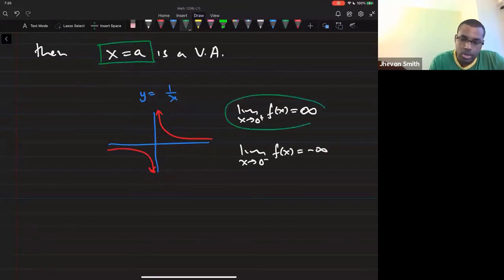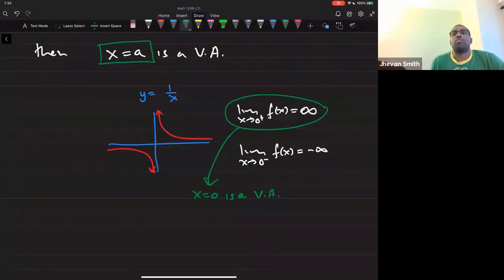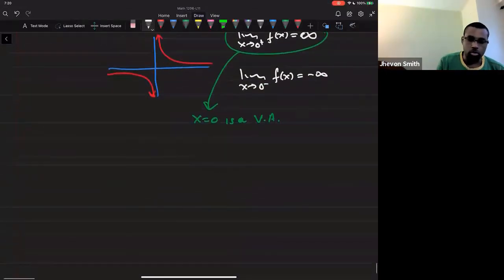This tells you that x equals 0 is a vertical asymptote. And that is kind of it. Let's look at some remarks.